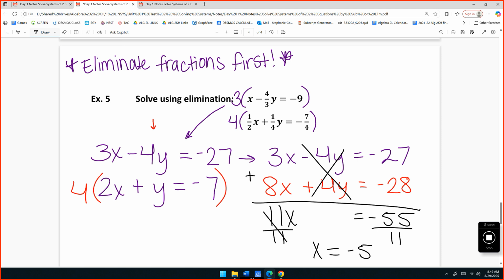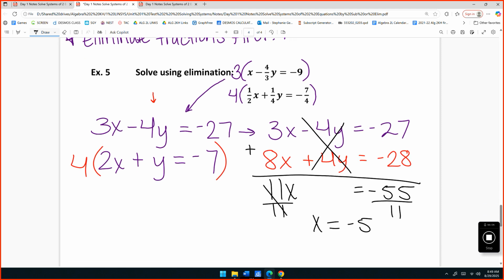Now I have to pick any equation. I'm probably not going to choose one of the original ones with fractions. I mean, we can, but we don't really need to. So I'm going to choose this one to plug in. 2 times -5, plus y equals -7.